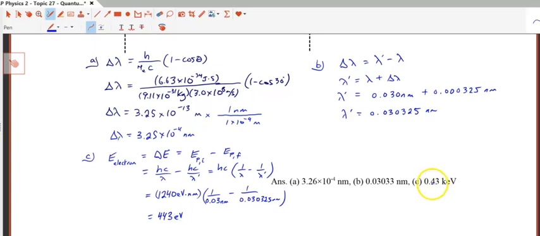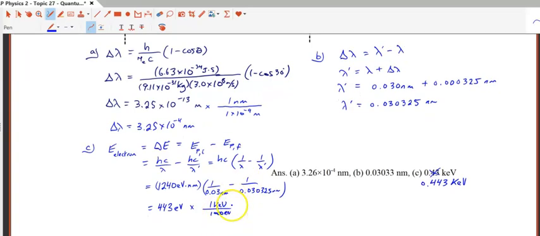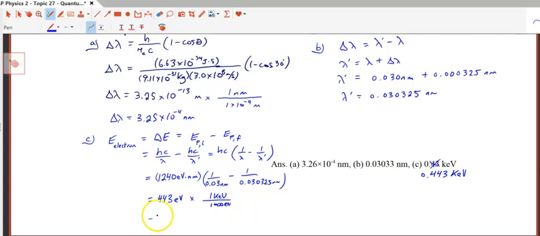Okay, I have a typo here. This should be 0.443 kilo electron volts, because you want to convert it to kilo electron volts. In 1 kilo electron volt, you have 1,000 electron volts. And this gives you 0.443 kilo electron volts. Okay, that's it for this example.